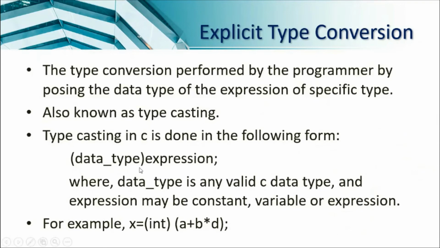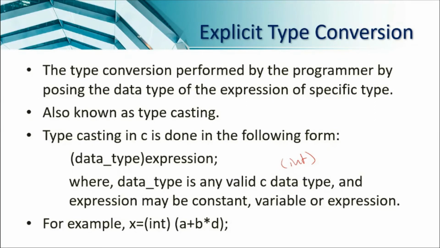Within brackets we put the data type, like integer, and then some expression. The expression can be a constant value or any valid expression in C. The data type is any valid C data type.